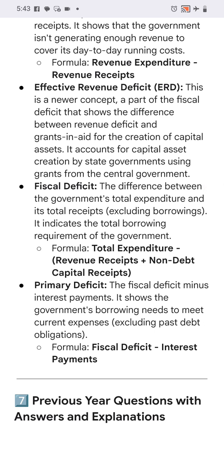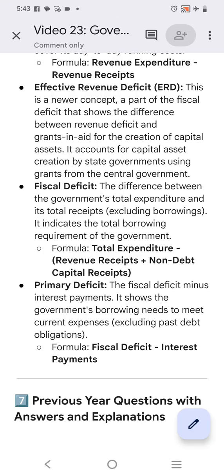Next is fiscal deficit. It is the difference between the government's total expenditure and total receipts, excluding borrowings.